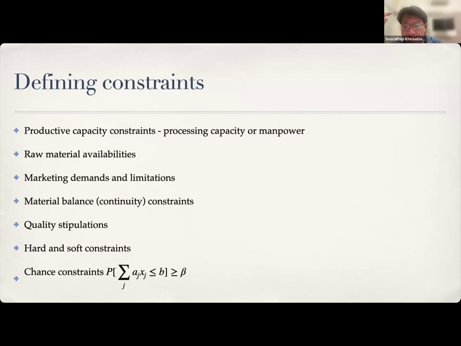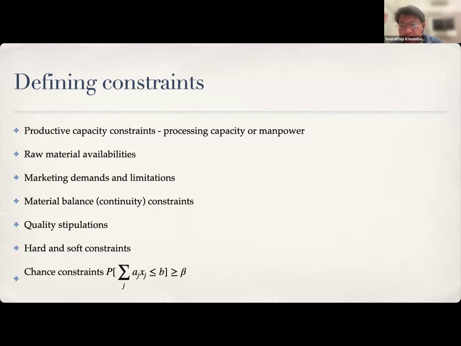The next one is material balance, or continuity constraint. Material balance means not only material, but also energy and other things, right? Kinetics, thermodynamics, whatever it is, or the model. Material balance constraints, energy balance constraints, or continuity constraints.